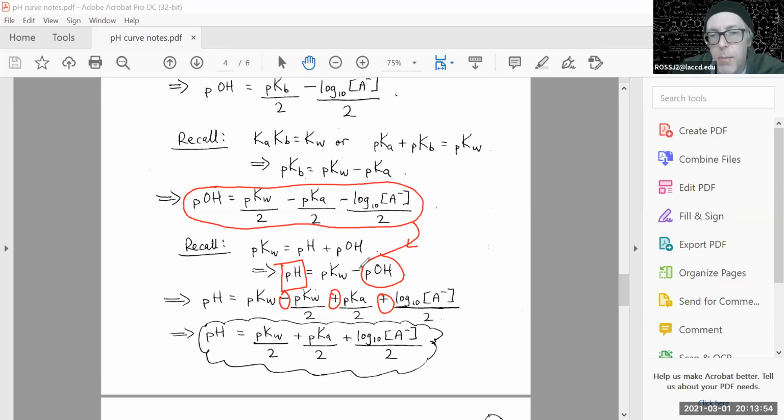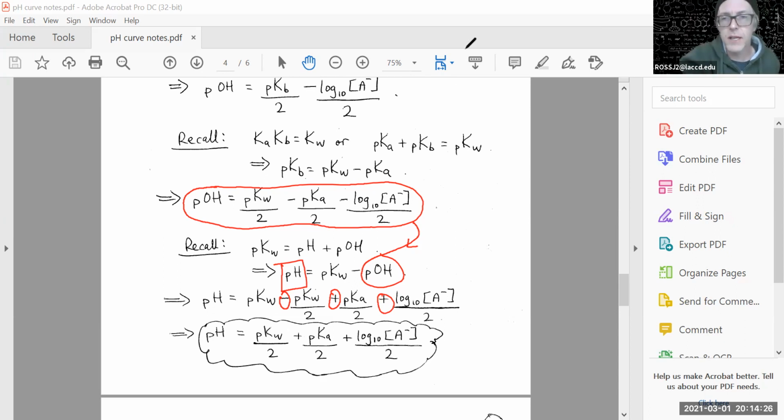Again, it's because of this minus pOH that affects all these signs in the positive pOH. Okay, so then I have this expression here, and then I can start to combine terms. So I have pKw minus a half pKw. Well, that just leaves me with a half pKw. Then I have the pKa over 2, and then the final term. Okay, so that's my equation C at the equivalence point.